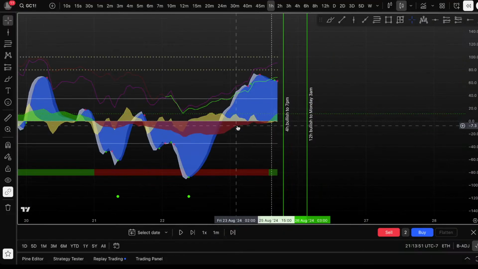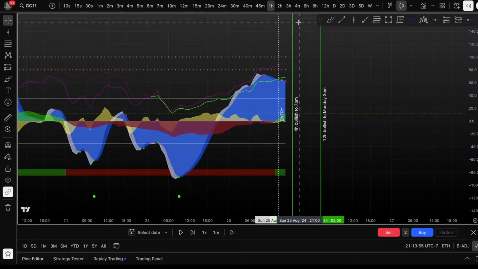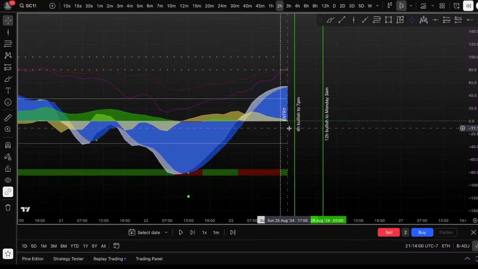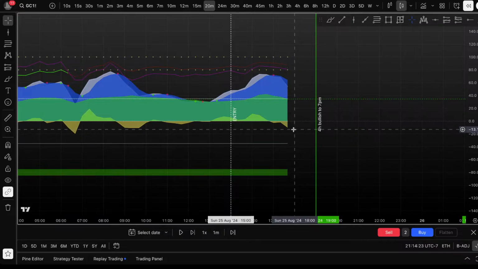Not gonna lie to you, the bears are showing their face. The 4 hour, we're getting closer to the end of it, so perhaps a lot of the juice has already been established. 3 hour looks strong, but we're also getting towards the end of that.